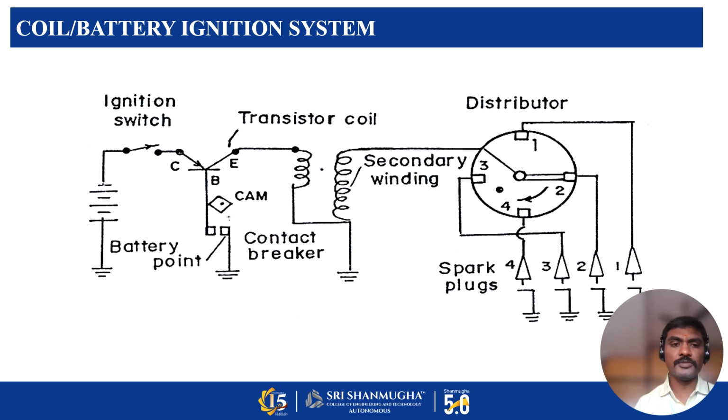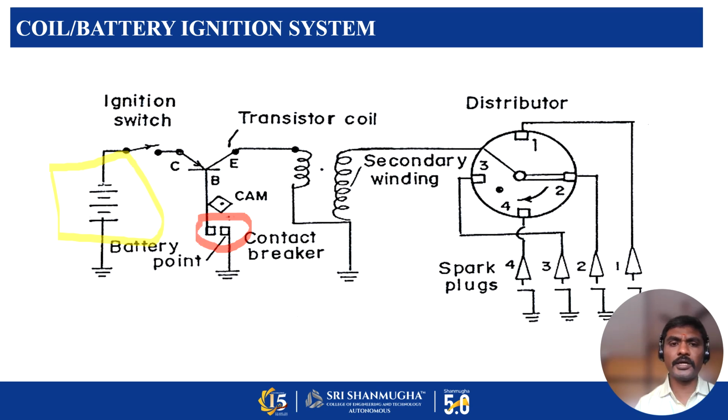This is the schematic arrangement of battery coil ignition system. Here this is the battery. Here is the ignition switch, and here will be a cam. Based on the rotation of the cam, the contact breaker will be activated. This is the cam. This is the contact breaker point.